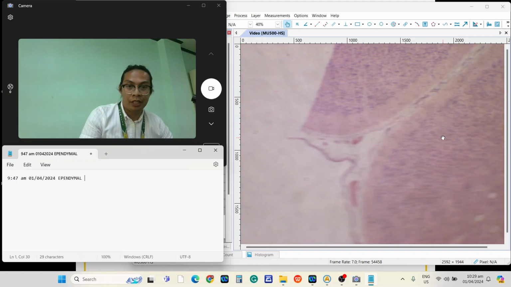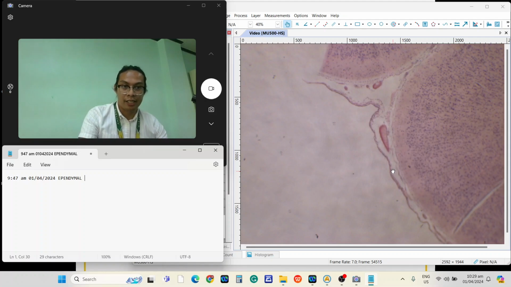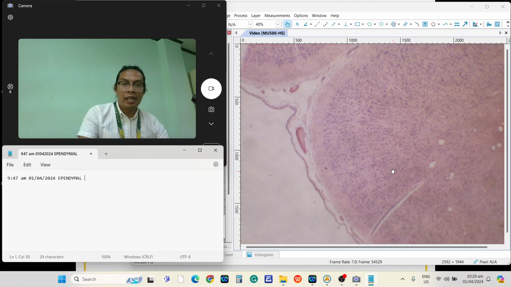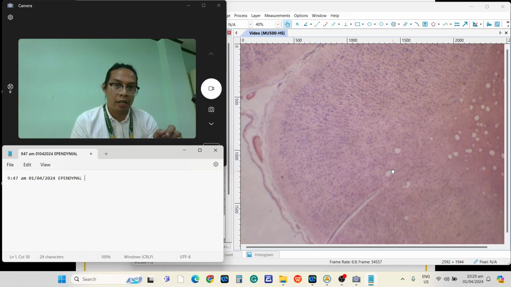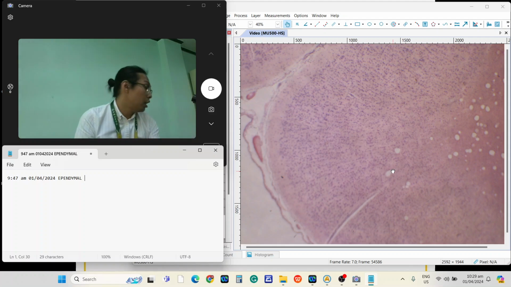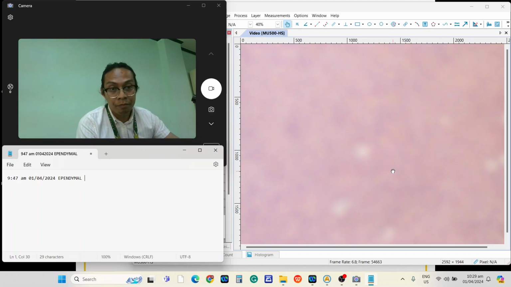Now, may ma-appreciate pa tayong pia mater na nagko-cover sa brain, although it is already delaminated. Now, may mga layers pa rin tayong pwedeng ma-appreciate kagaya ng nasa cerebellum na molecular layer, granular layer, and the pyramidal layer. Isa-isahin natin sila. So, under the gray matter under LPO.